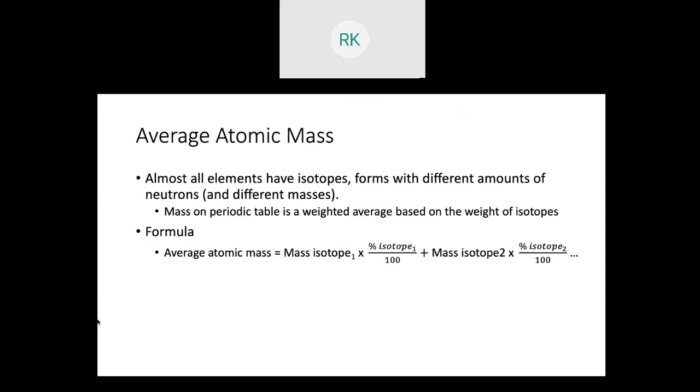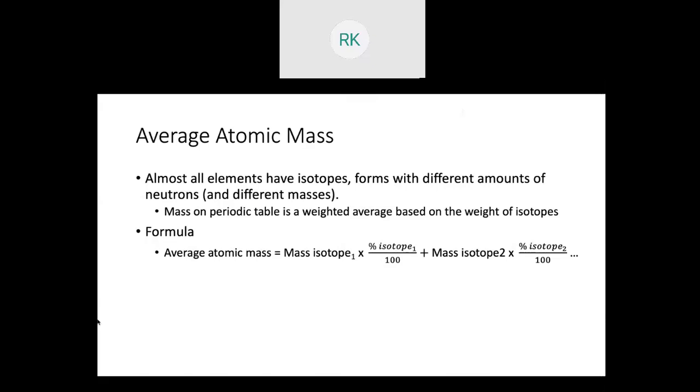So the electrons aren't affected, the protons aren't affected, it's the neutrons, which again have no charge, but do have a mass, okay? So isotopes will vary in how much they weigh, okay? And so the mass that you find on the periodic table is actually a weighted average based on the weight of each isotope. And the formula listed on this slide is how you solve for it.